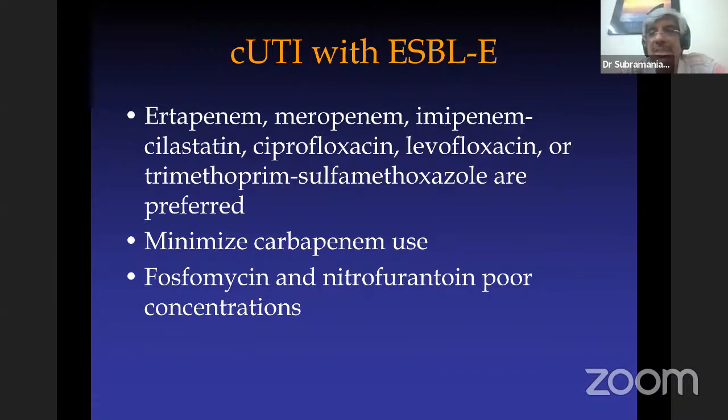And then once the patient is stable and the susceptibilities come back, you probably de-escalate to something else like a BLBLI or even cotrimoxazole. Fosfomycin and nitrofurantoin should be mentioned here as non-options. They are very bad in blood levels, and here you're not treating a urinary tract infection. You're treating a systemic infection where the patient is going into septic shock, and you probably have bacteria in the blood.